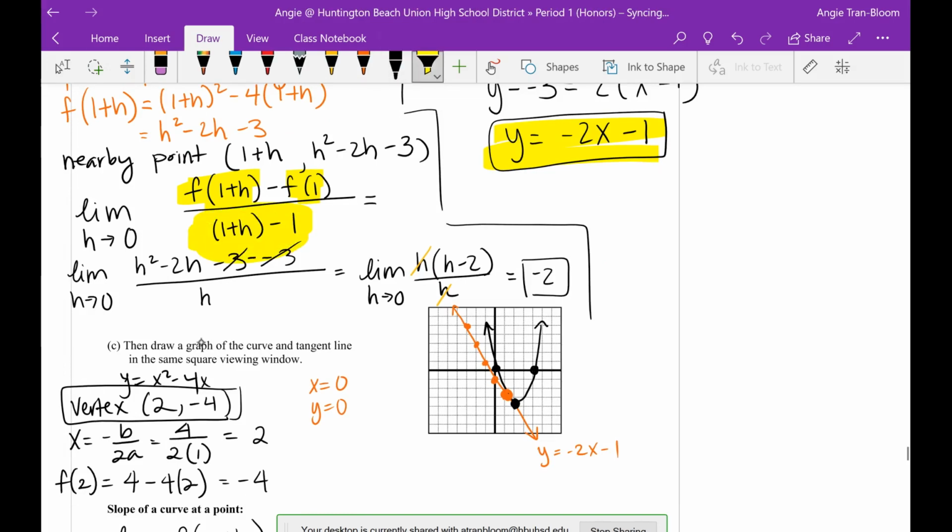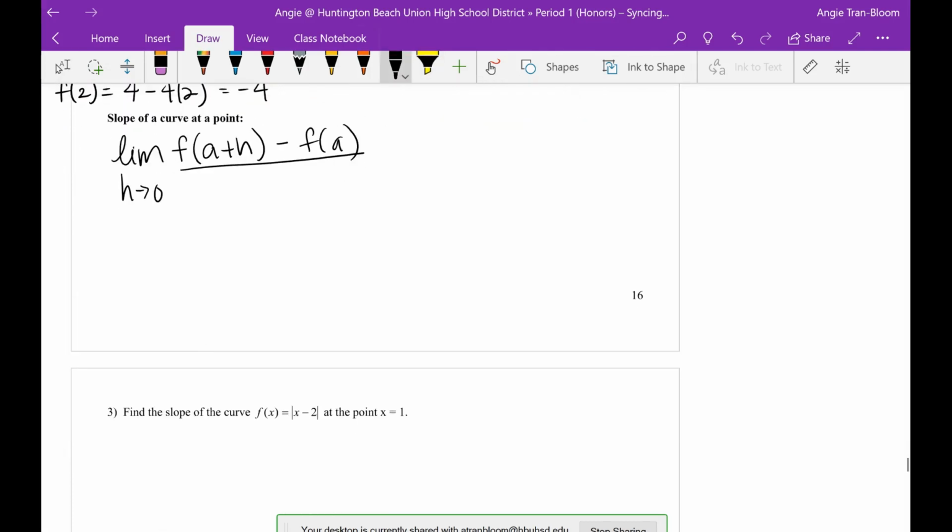But those values are always going to cancel, so your denominator will always just be h, where a comma f of a is the given point.